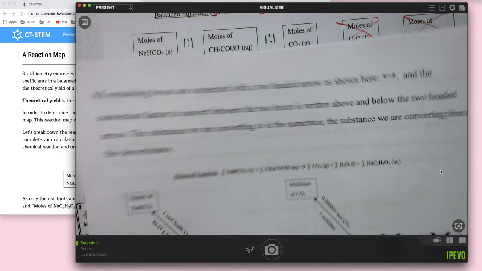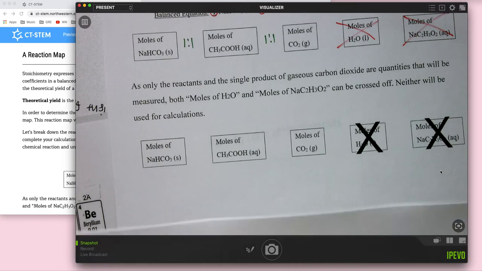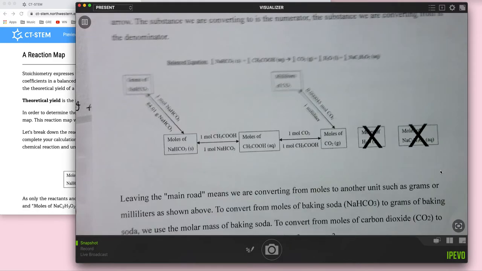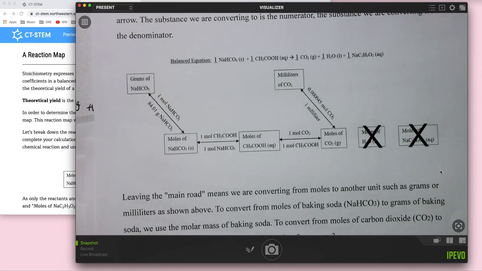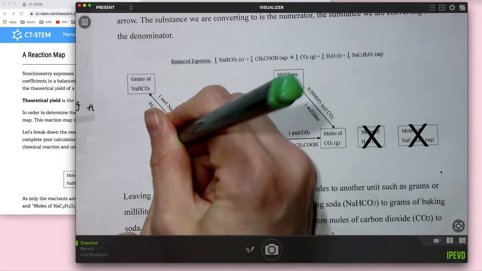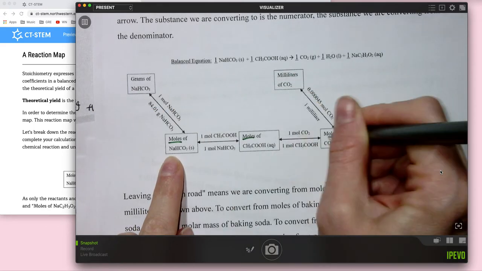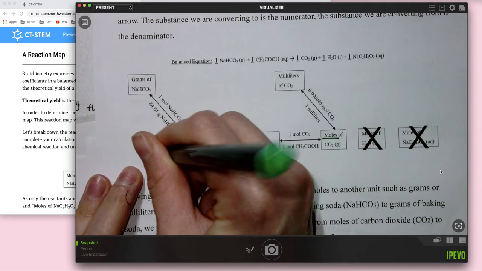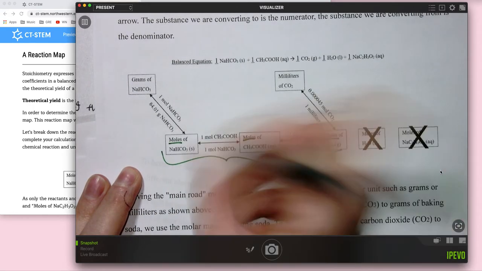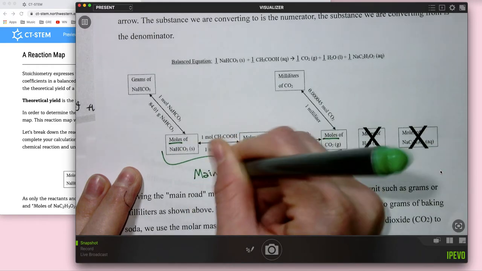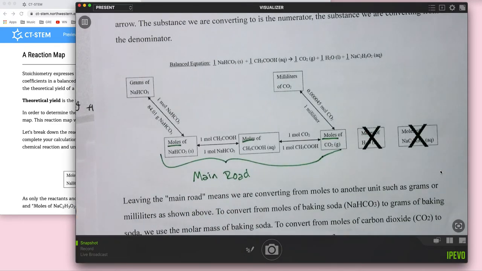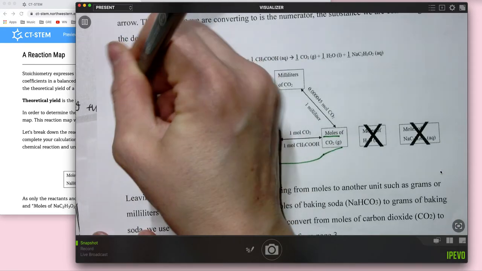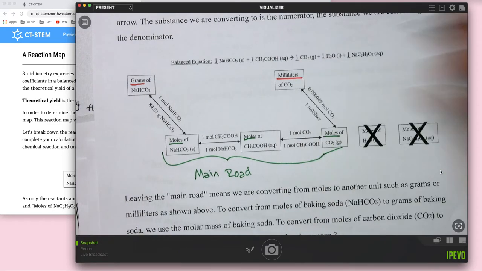So when we look at this map, this is what we have. And you'll notice that we have moles, moles, moles, okay? And this is the main road. And then we have these offshoots where we can go to grams or we can go to milliliters.